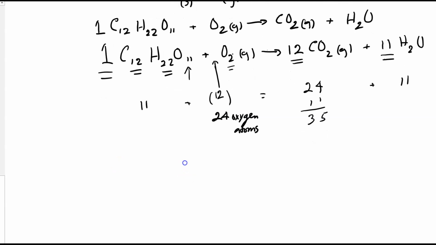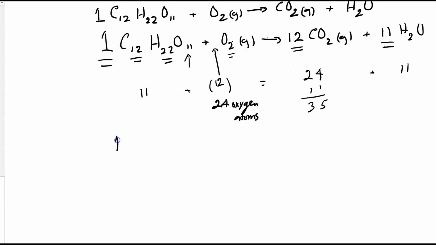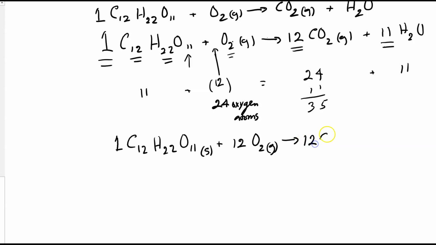So the equation would be 1 C12H22O11 as a solid plus 12 O2 as a gas yields 12 CO2 as a gas plus 11 H2O as a liquid, and now we have a balanced equation.